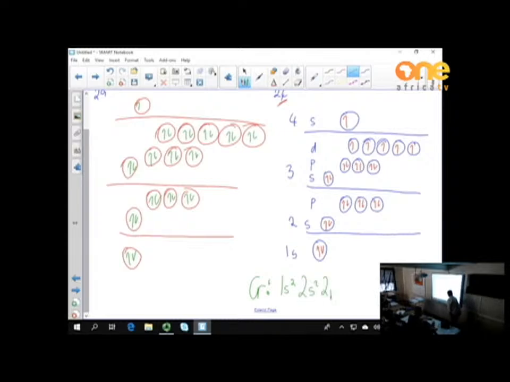The 2p subshell has 6 electrons. The 3s has 2. The 3p has 6. The 3d has got 5. The 4s has got 1. And there is the SPD notation of an element.